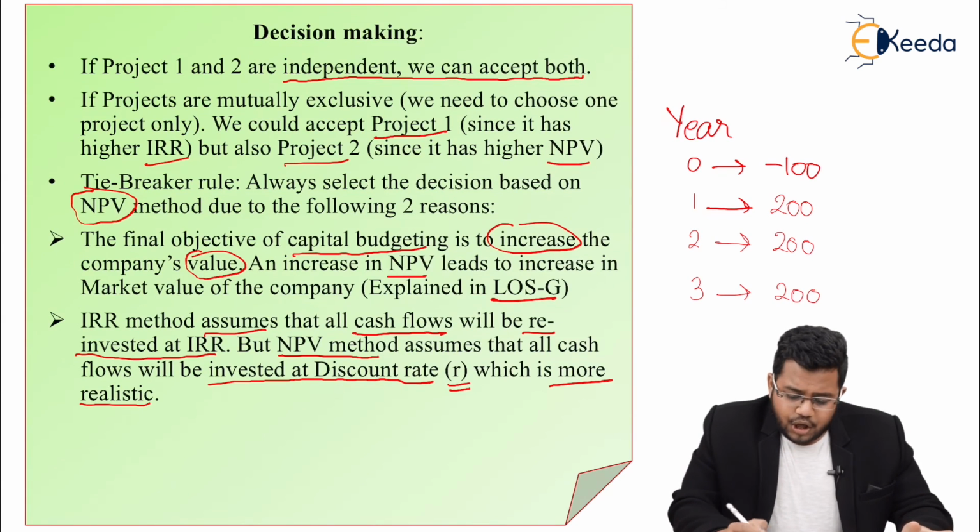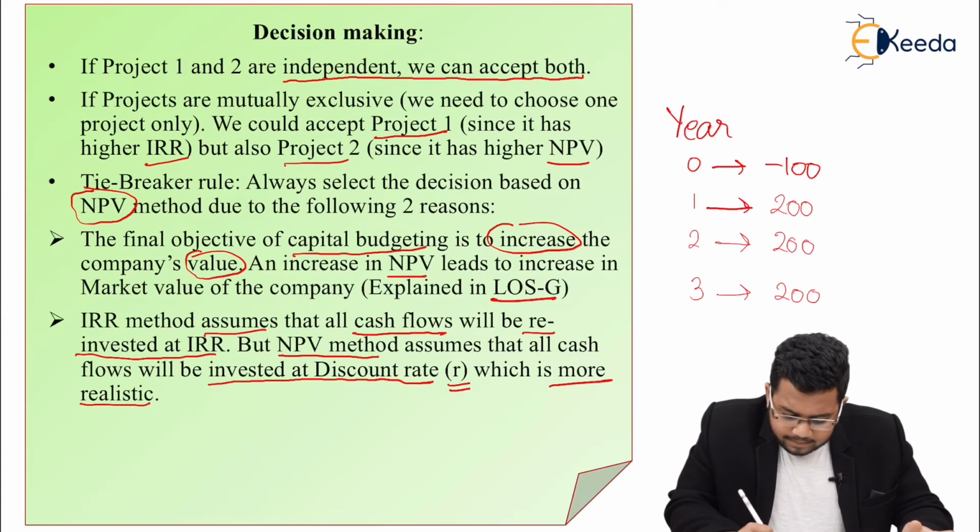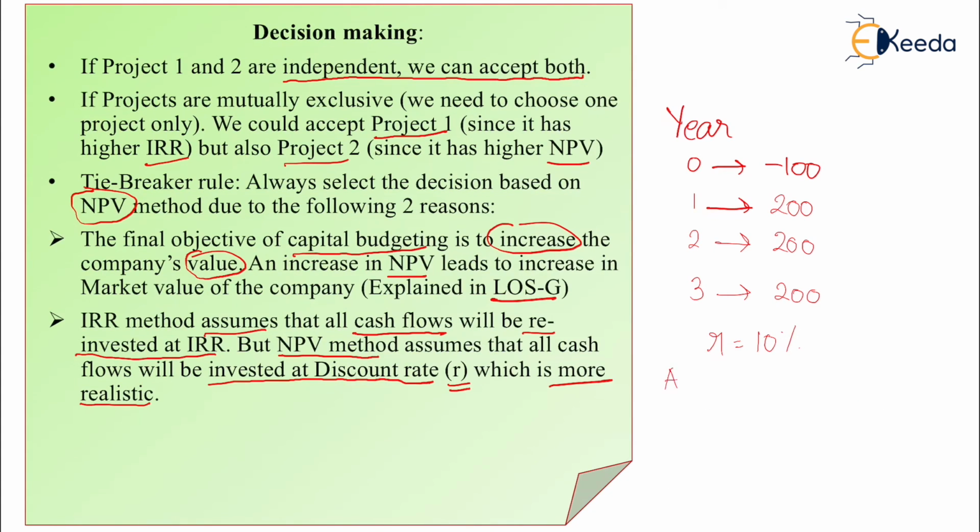Now let's assume R is 10% and, I'm not calculating, but let's just assume IRR is 22%. 22% means that at 22% NPV would be 0. I'm just assuming, I'm not even calculating. This is just an assumption.